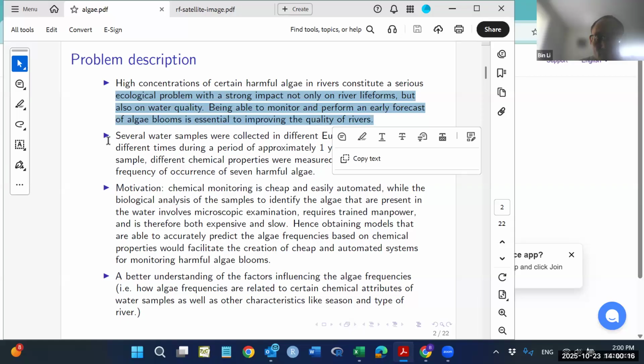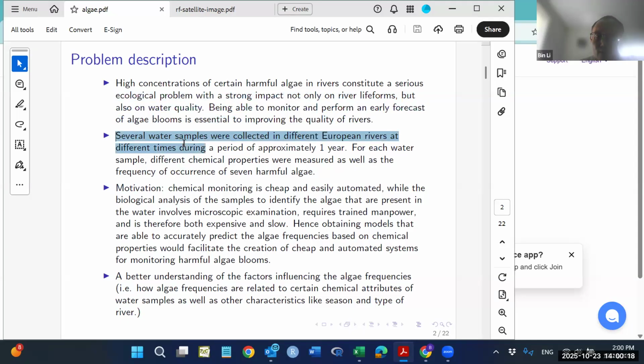And the second is the several water samples collected here. These are in different European rivers at different times during a period of a year. For each water sample, different chemical properties are measured, as well as the frequency of occurrence of 7 harmful algae. So why do we need to do the prediction?